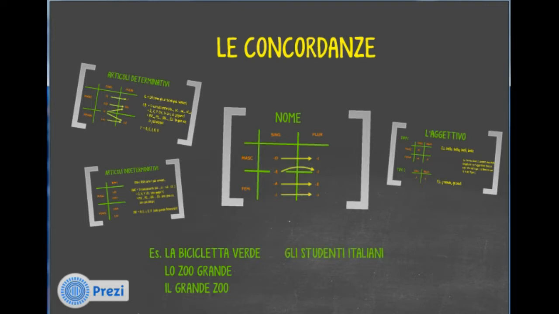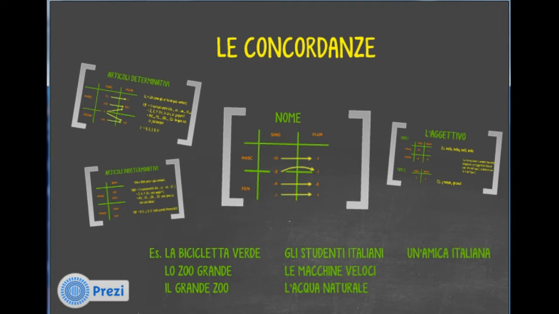Then, gli studenti italiani, masculine plural. Le macchine veloci, feminine plural, and veloce belongs to the second group. L'acqua naturale, feminine singular. I use l apostrophe because acqua begins with a vowel.